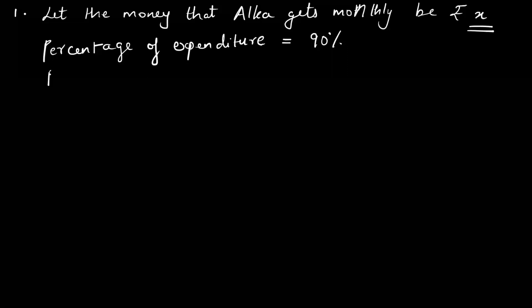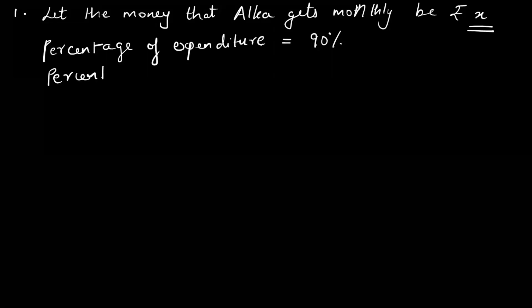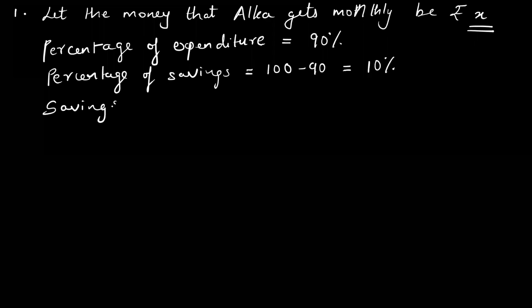Can you tell me what is the percentage of savings? 10%. 100 minus 90, if you want to show it, or otherwise you can directly write 10%. What is savings? Have they given us the savings? Yes, sir. Rupees 120. So right now we have written all the information that we know.